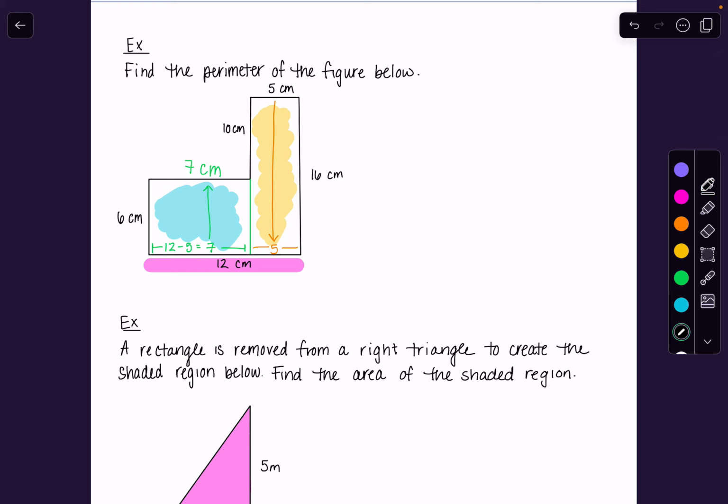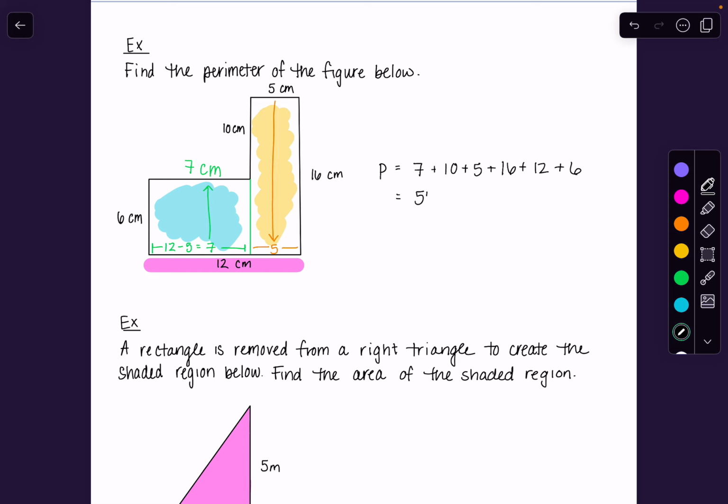And now that I have my missing side length, my perimeter is we add all of them together. So starting from 7, I'm going to go kind of clockwise, walking around this thing. The next side is 10, then 5, then 16. That entire bottom side is 12. I don't need to do 5, then 7. And then my last side is 6.